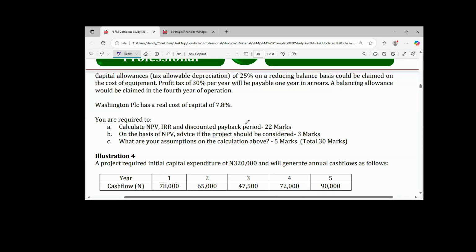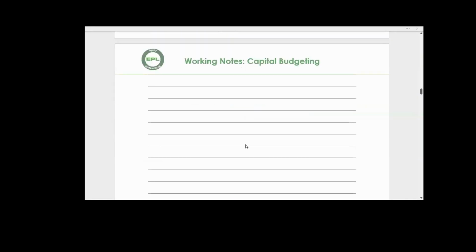Number A, you are to calculate NPV, IRR, and then discounted payback period. So without wasting time, let's stop sharing and move to the working note quickly. So we want to calculate NPV.